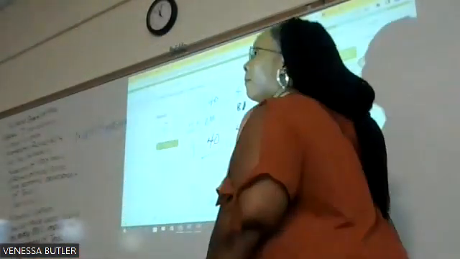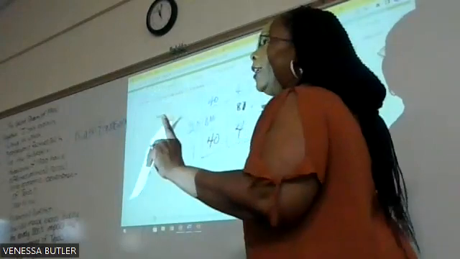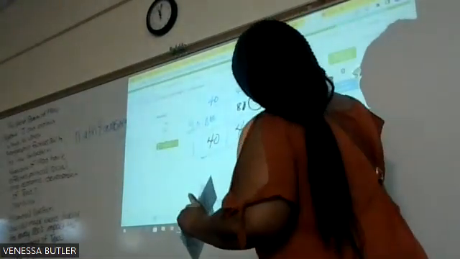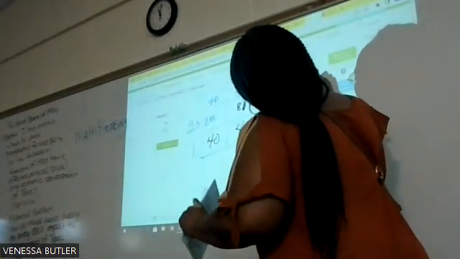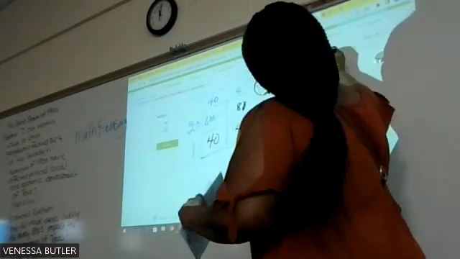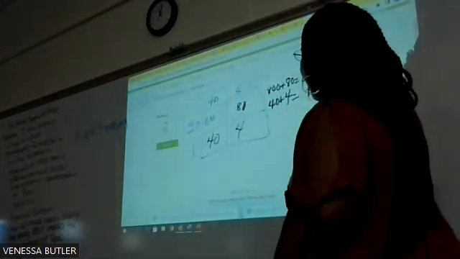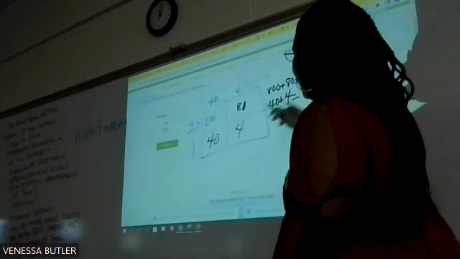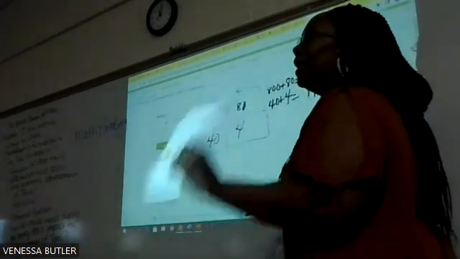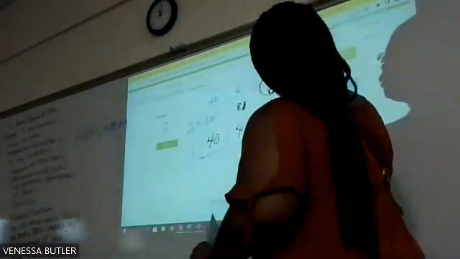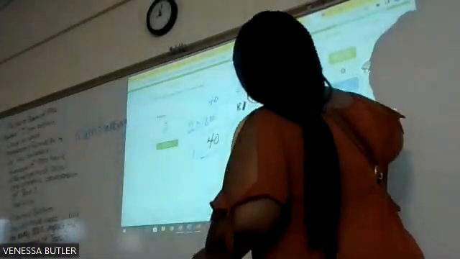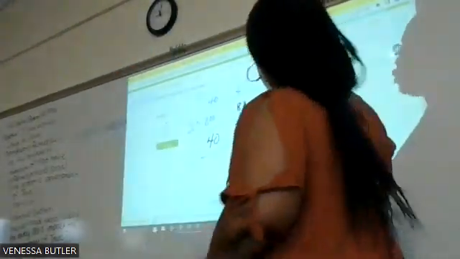Make sure you line it up. We're putting the 4 in the tens place and the 4 in the ones place. The 0 is in the ones, the 8 is in the tens, and the 8 is in the hundreds. That's what we mean about place value.